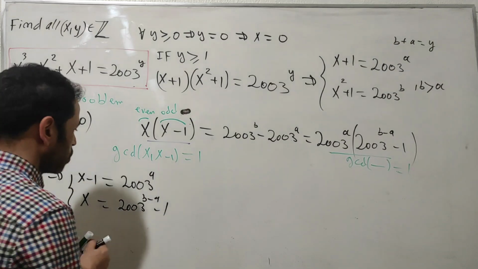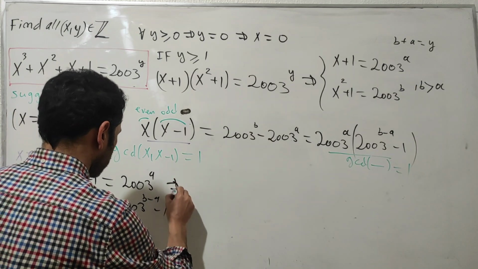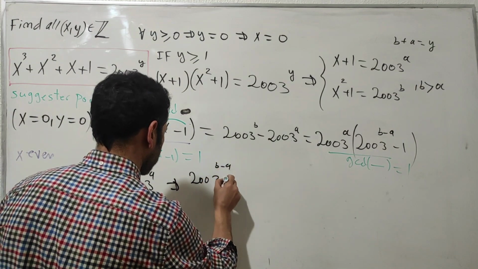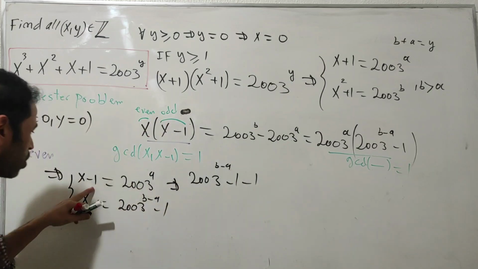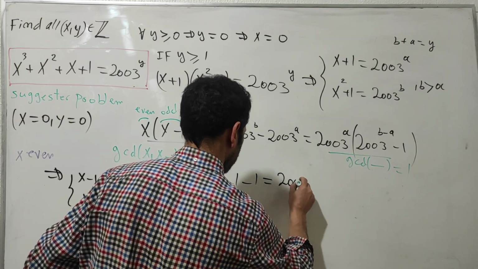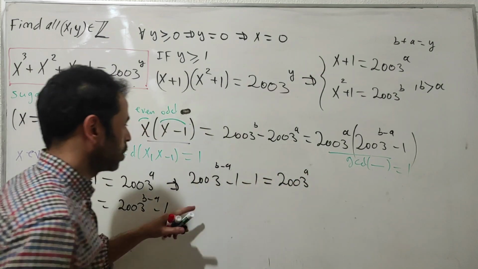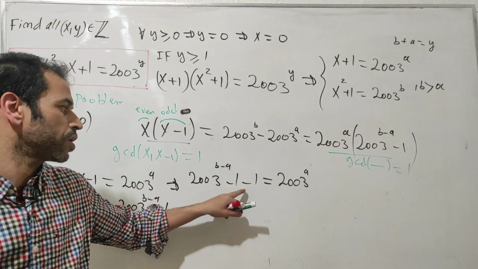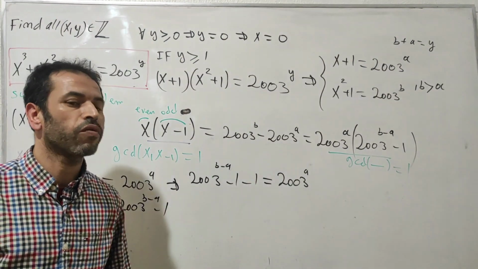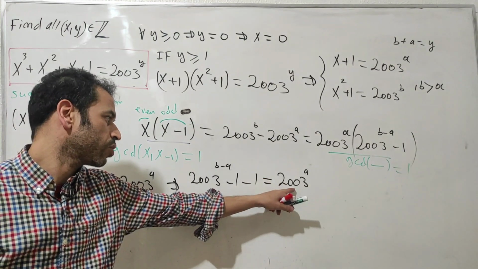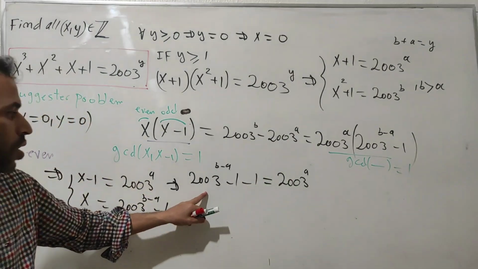Now solving this equation, I'm going to replace x in the first equation with this quantity. So x will be replaced with 2003 to the b minus a minus 1, minus another 1, which equals 2003 to the a. Moving over the minus 1, it becomes minus 2. I move it to the other side, then move 2003 to the a back to the left next to this term.